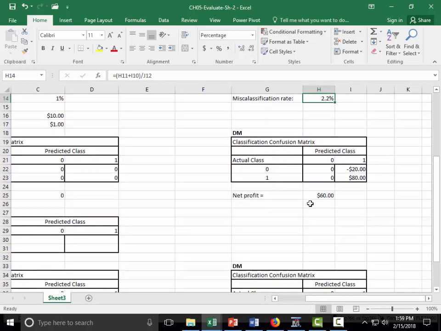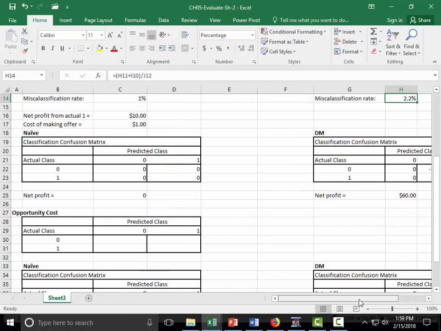Now we can do the same computation from a different perspective, that is the opportunity cost perspective, where you look at only costs in all the possibilities, including opportunity lost. So this cost matrix. If you have true negative, there is no cost at all.